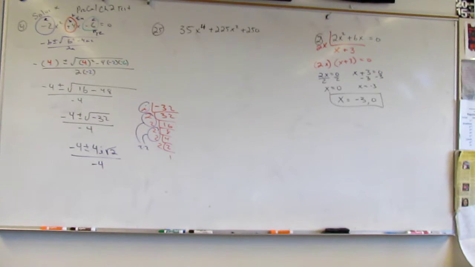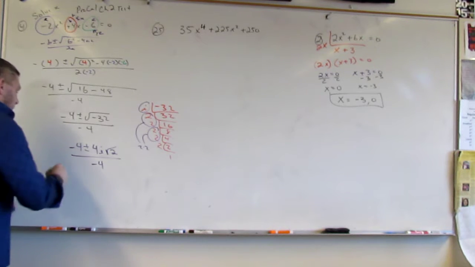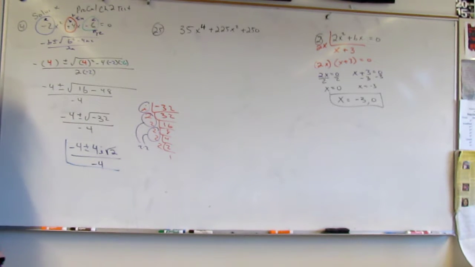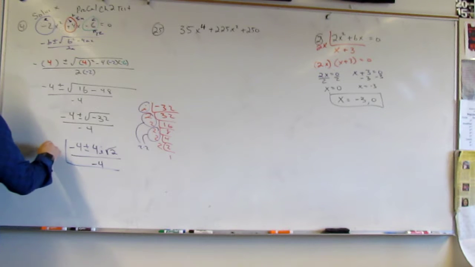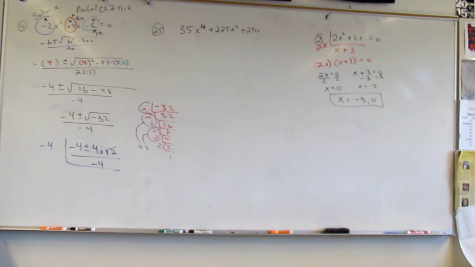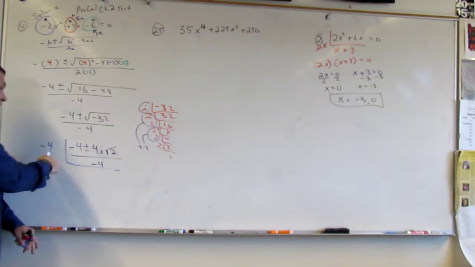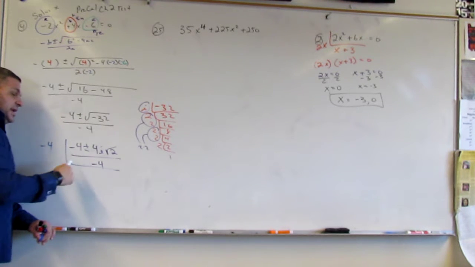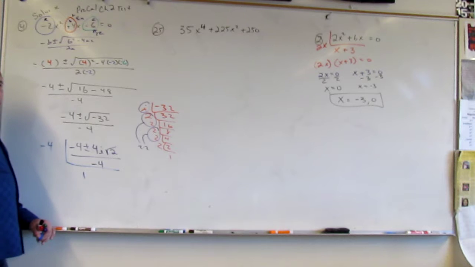Now, here's the trick. What goes into negative 4? See, when I have a negative in the bottom, I want to get rid of that negative. So I'm going to divide by the negative. But I also want to, what goes into 4, 4, and 4? Well, that's 4, right? How many times is negative 4 going to negative 4? Positive once, right?